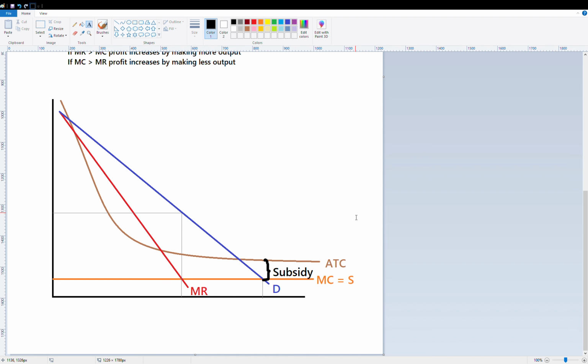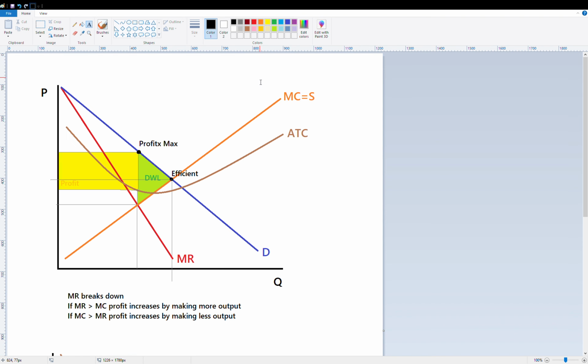Okay, and the last thing. I talked about how there's a deadweight loss right here, right? You can actually decrease the deadweight loss if they practice price discrimination. If they give some customers the same product at a cheaper price, they can turn this area into profit. People on this side of the demand curve, if they're sold something for less money, then they'll be able to fill this area with profit.